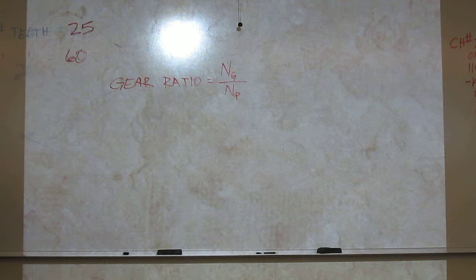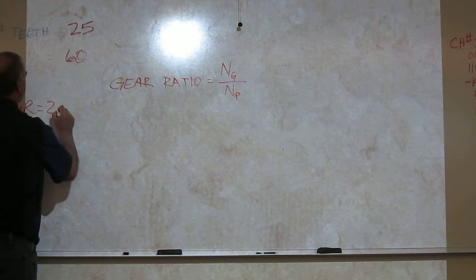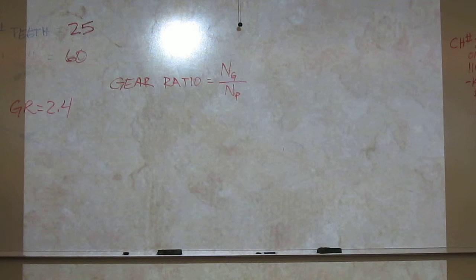What'd you get? So my gear ratio is equal to 2.4. Did everybody get that answer? Juan, did you get that? I'm sorry? You said the teeth of the gear by the number of teeth of the pinion.